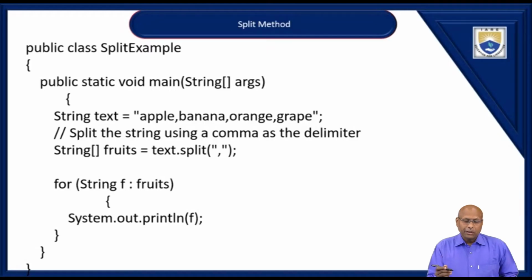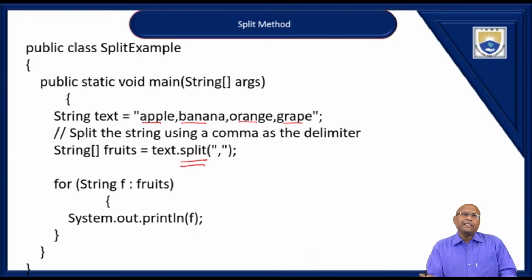The first typical method is called the split method. The split method is also part of the string class. You use this method whenever you want to divide a string into a set of substrings. For example, I have a sentence with multiple delimiters: apple, comma, banana, comma, orange, comma, grape.